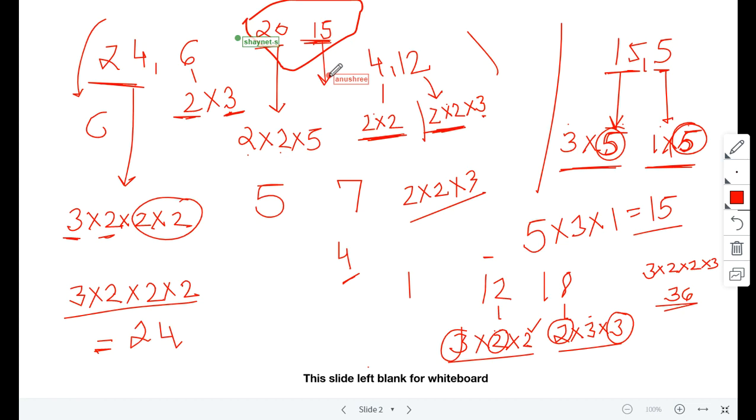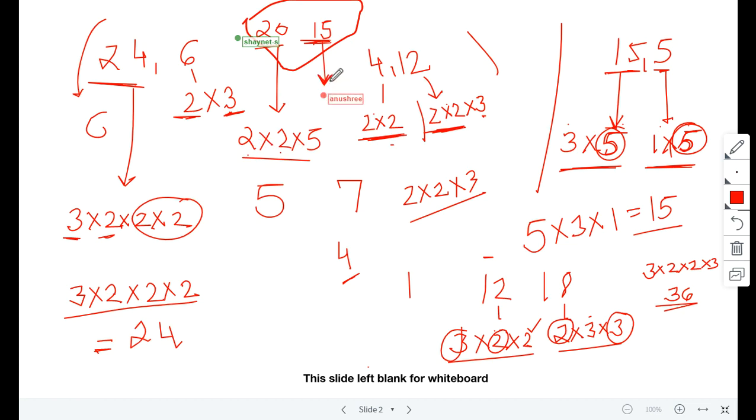Same as how we have factorized, you have to find the prime factors of 15.